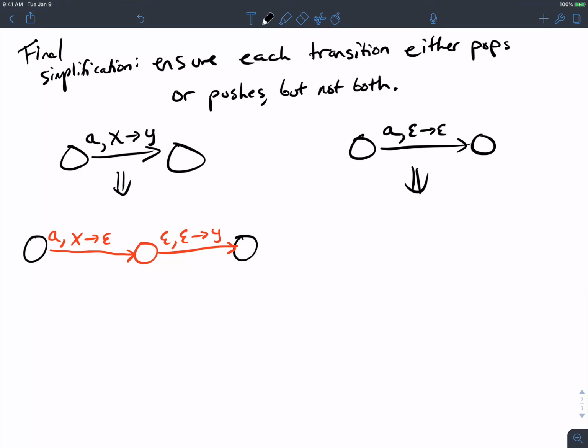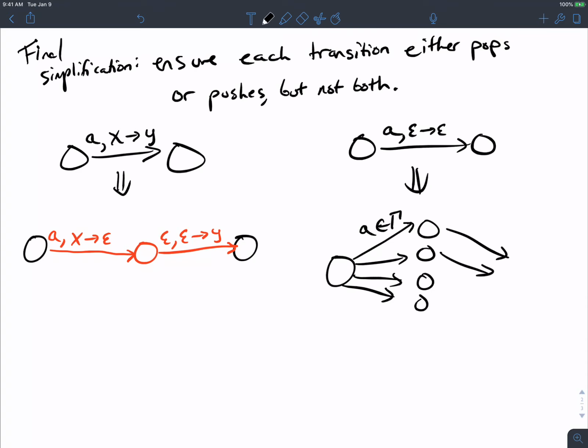Don't do this at home, kids. You can have a bunch of transitions going out to a bunch of new states for each of the characters. So for each stack character, you can have its own separate path, and then you can push it back on going to the other state. So there is a way to actually get around it, but it's more complicated than necessary.